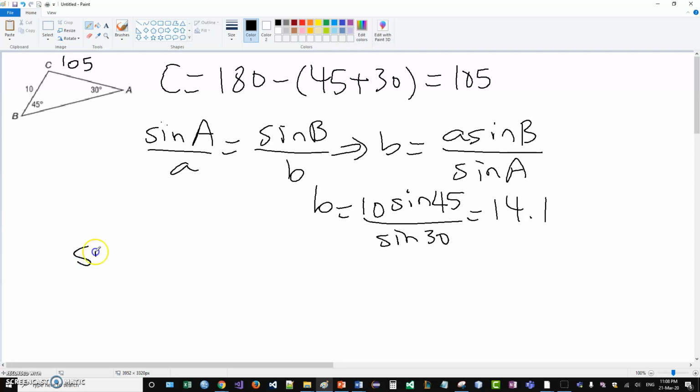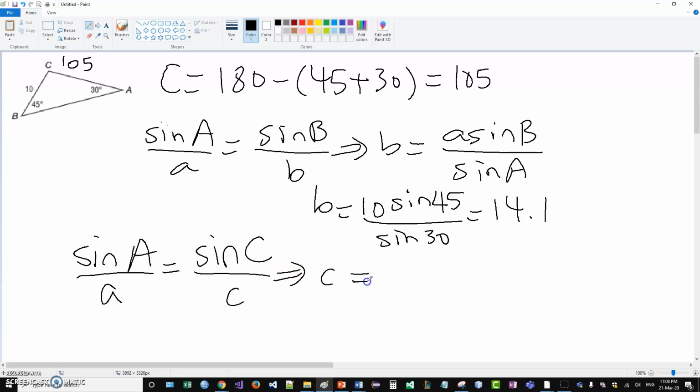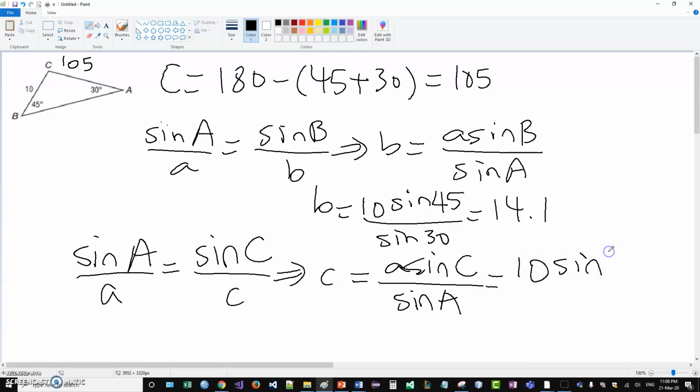Now let's find side c. Same thing: sine A over a equals sine C over c. That means c equals a sine C over sine A, which equals 10 sine 105 over sine 30.